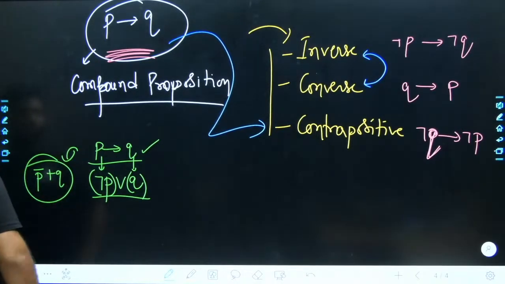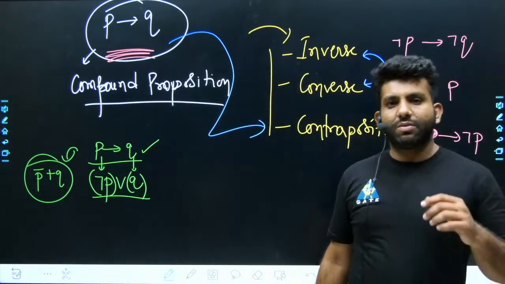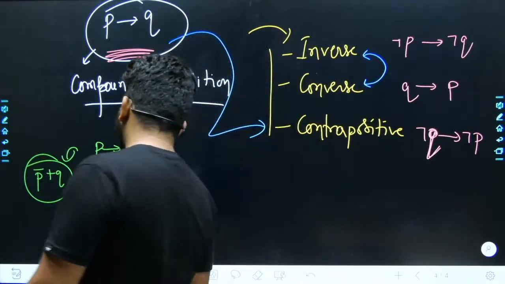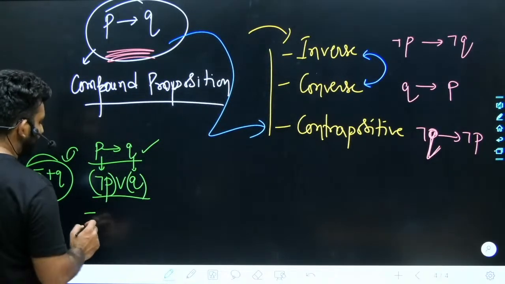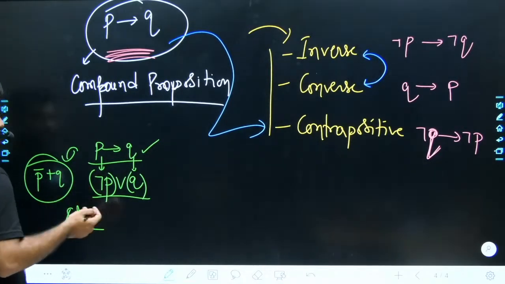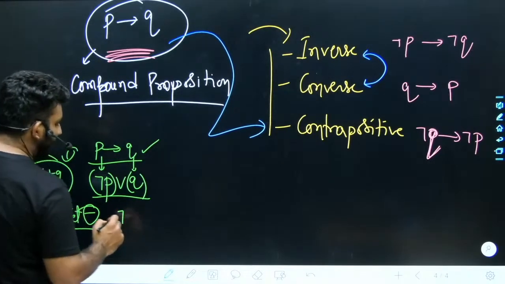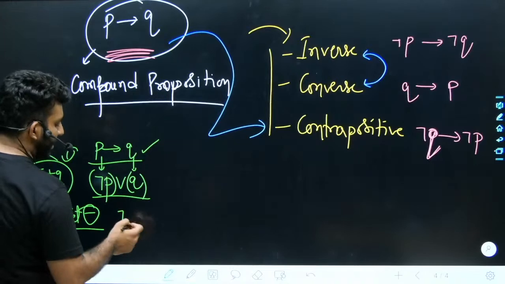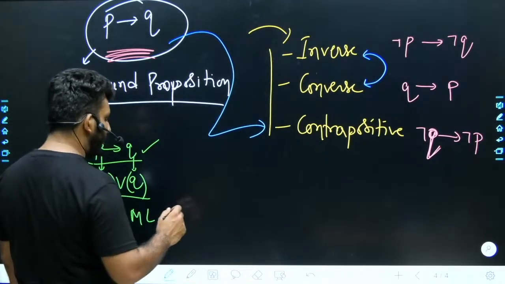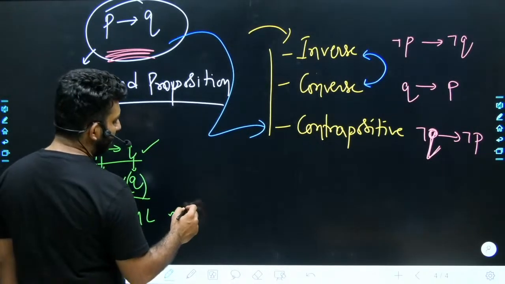I have told you that in mathematical logic there is some similarity with digital logic and set theory. The complement in set theory is negation in mathematical logic, and the bar we write in digital logic.